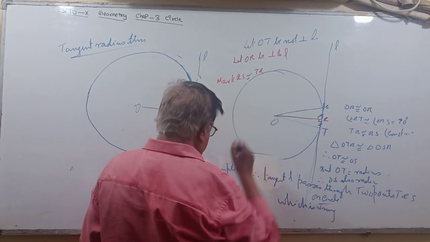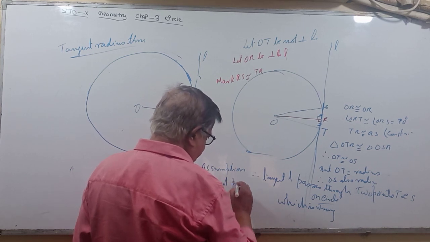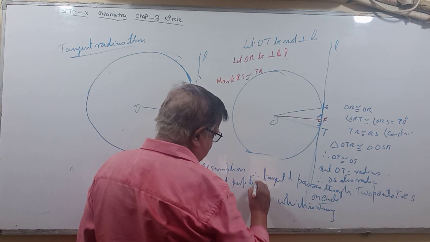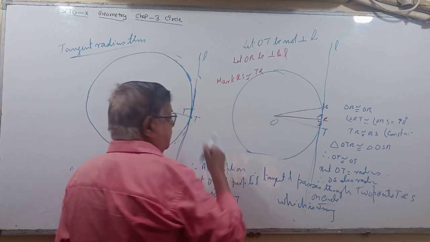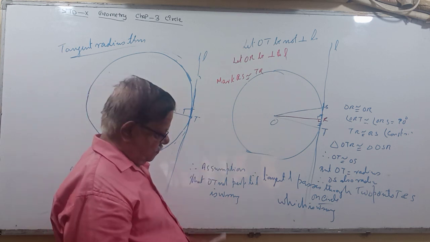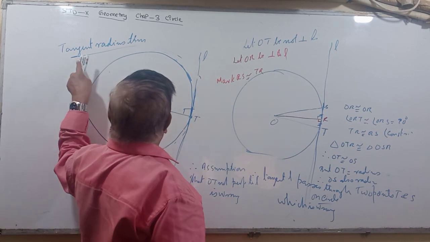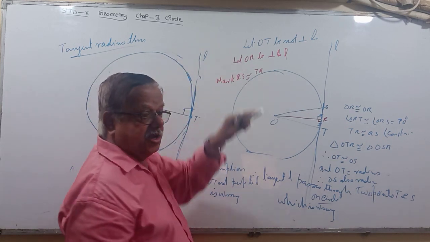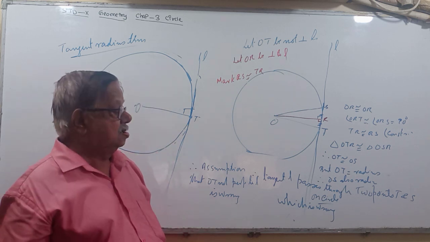OT not perpendicular to L. OT not perpendicular to L is wrong. Therefore, OT is perpendicular to L. This is the tangent radius theorem. Tangent is always perpendicular to the radius.